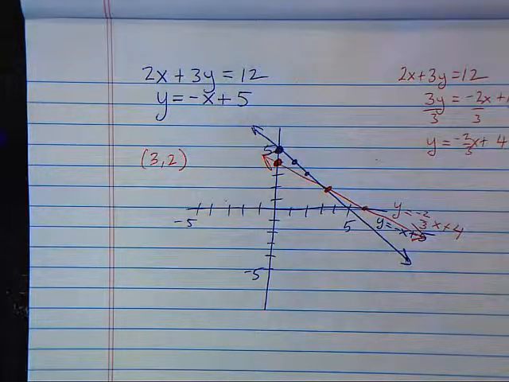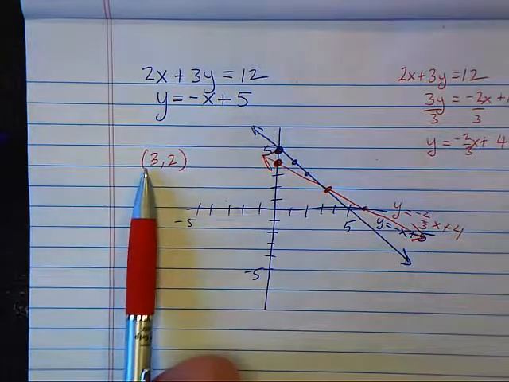What would be a really good idea is to try it in both equations. Because like I said, with my graph, my scaling wasn't very consistent. I might be off a little bit. It might actually be 3, 1, or maybe it's 4, 2. My scaling isn't really clean enough to be very confident. So it's an excellent idea to plug the numbers in and check.